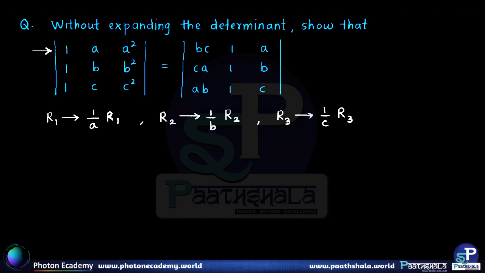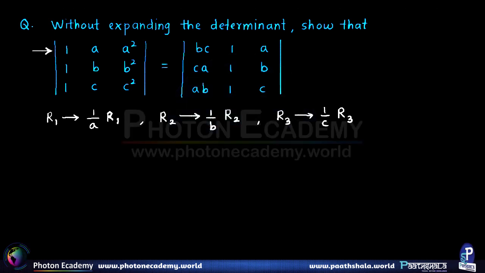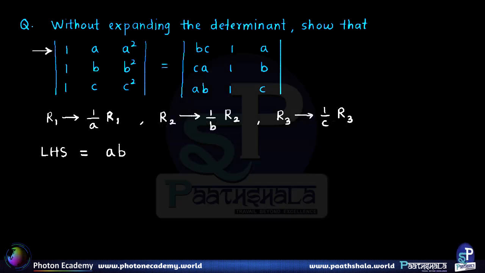Whenever we are dividing a row by some number, basically we are taking that number common outside the determinant. So the determinant on the left hand side will become, since we are taking A common from the first row, A, then B from the second row and C from the third row. Now let's see what happens inside the determinant.